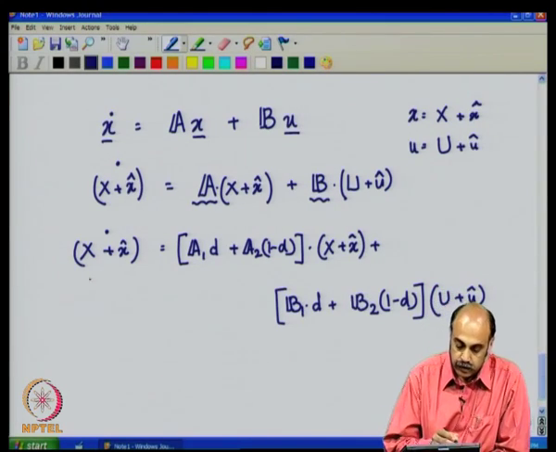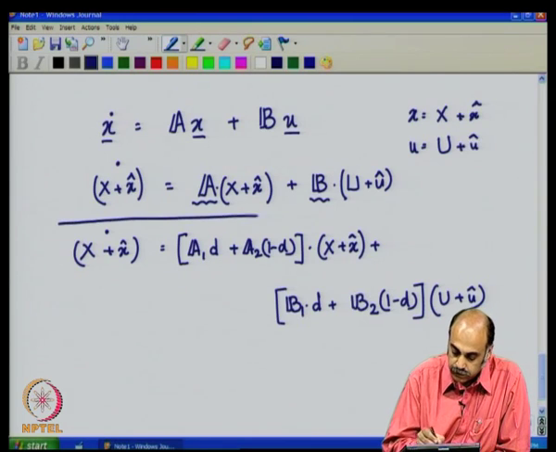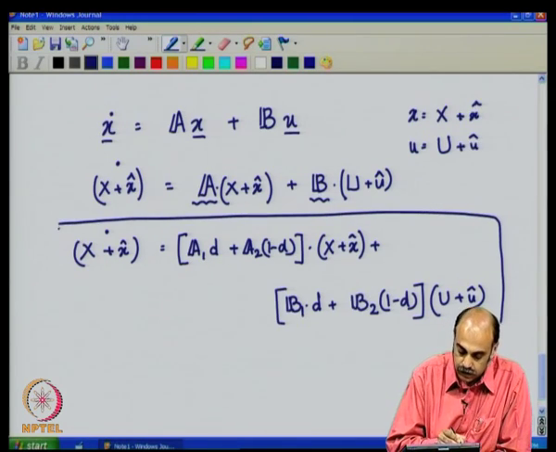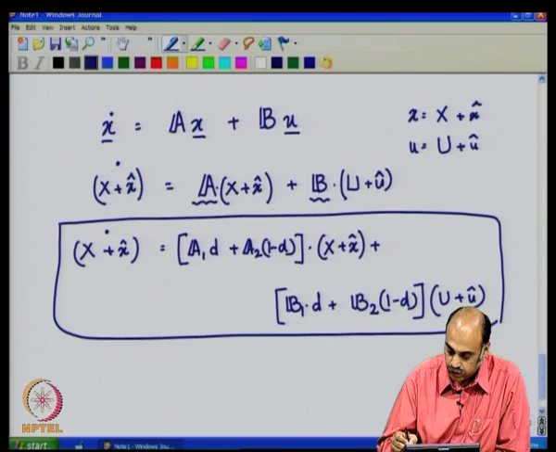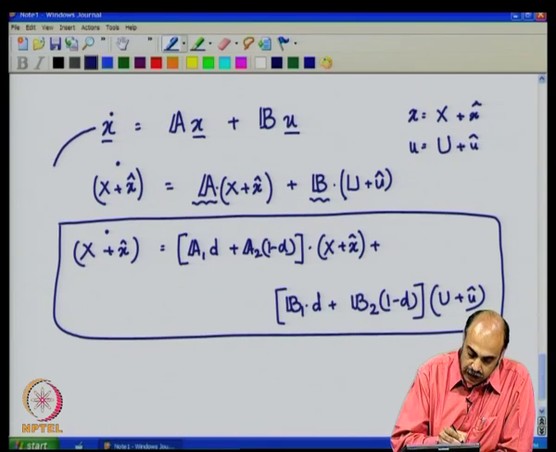So, this would be the equation of this average large signal model expanded.